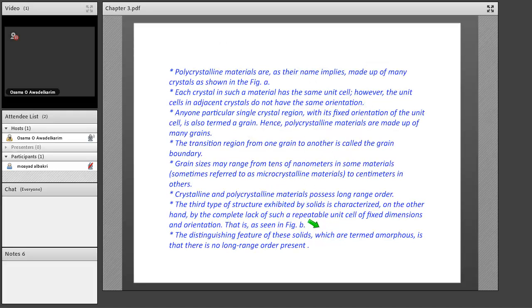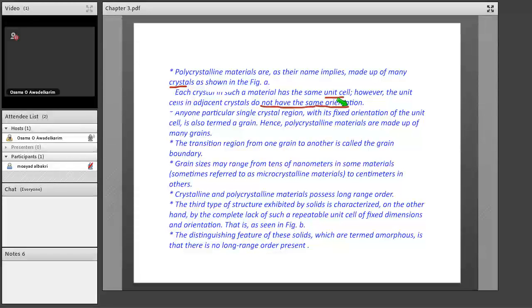Polycrystalline materials are, as their name implies, made up of many crystals, as shown in the figure. Each crystal has the same unit cell. However, the unit cells in adjacent crystals do not have the same orientation. So the crystals and unit cells in different grains are oriented differently.